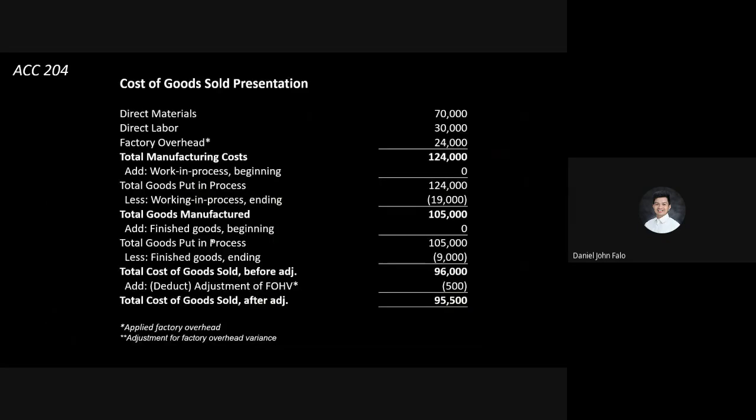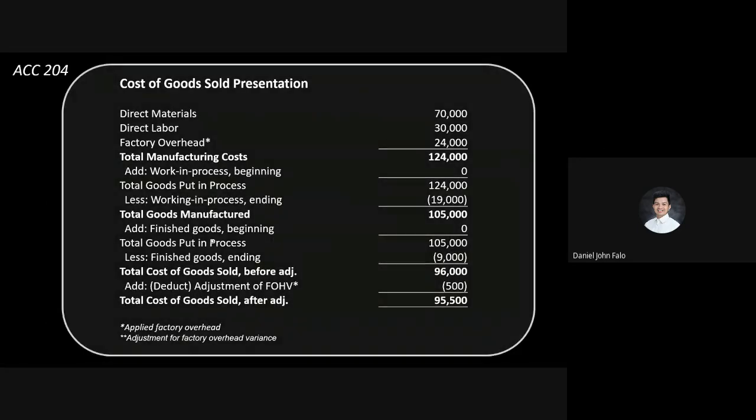For the summary of the computations, I've given this presentation of the cost of goods sold. So we have direct material, 70,000. Direct labor, 30,000. Factory overhead, 24,000.